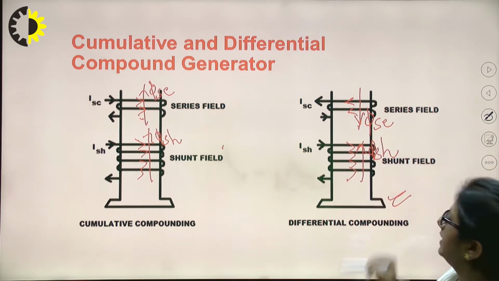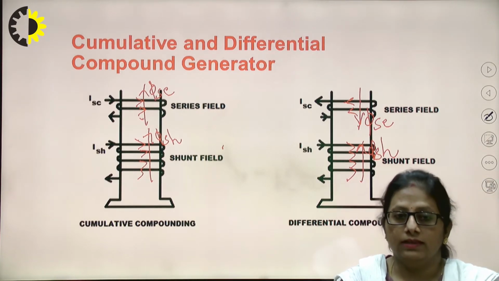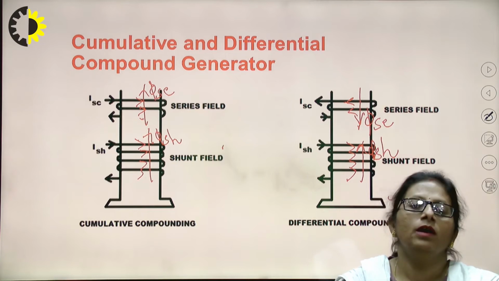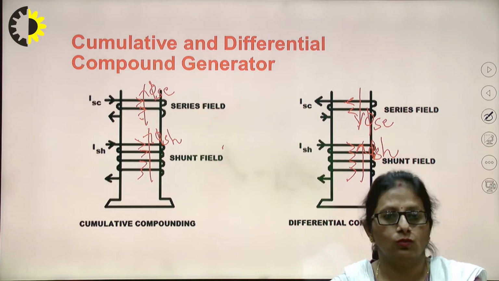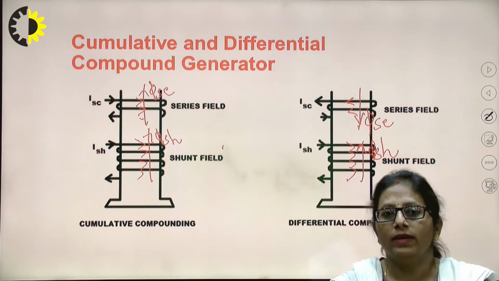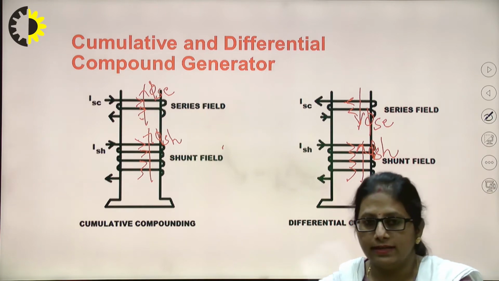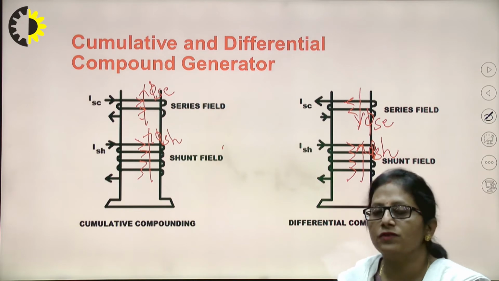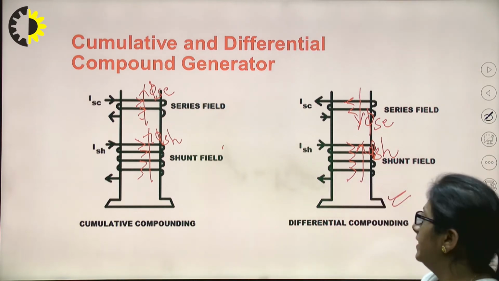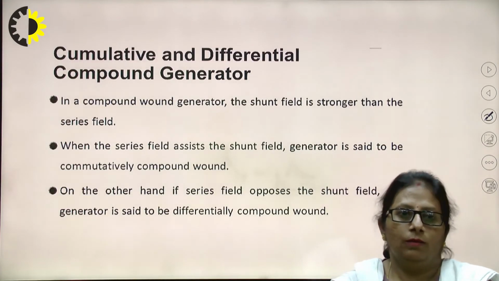So the net flux produced by the generator would be the difference of the two. Both of them will not be supporting each other. The flux would always be decreasing. Even if the excitation is increased, the flux will not increase because every time you get the difference of the two fluxes. That's why it is called a differential compound generator.